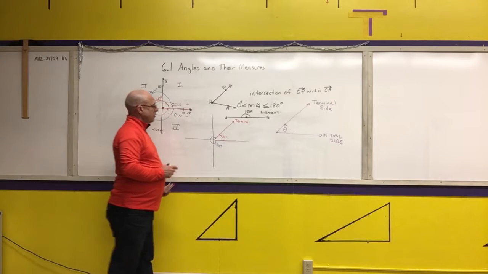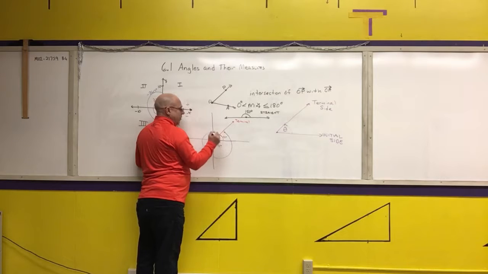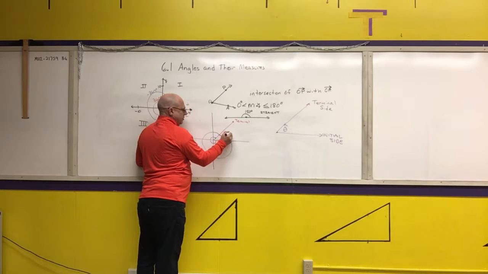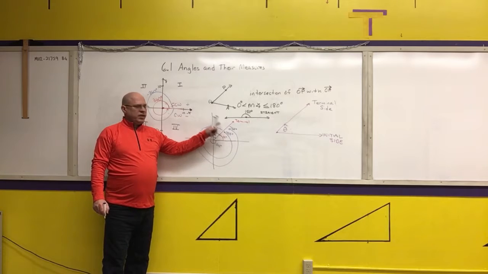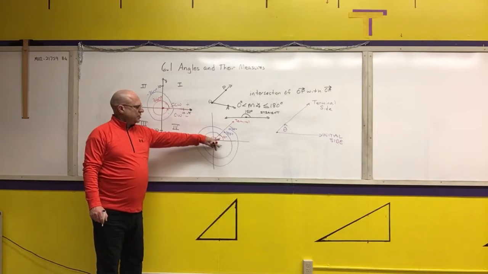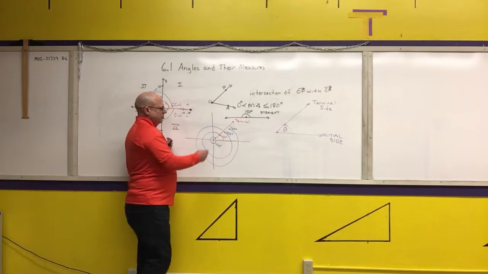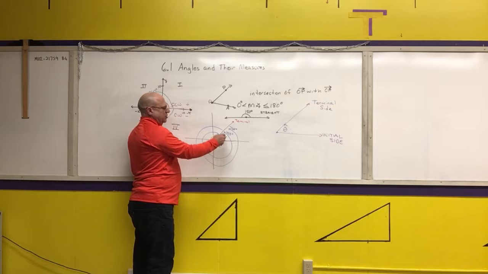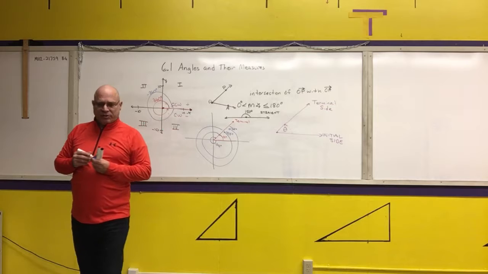Or I can rotate all the way around again and come back up here, and that would be 405 degrees. Or I can continue rotating around again, and that would be 765 degrees. So again, there's an infinite number of what they're calling coterminal angles, angles that are in standard position that have the same terminal side. And the way that you get coterminal angles is you just either add or subtract multiples of 360 from your original angle. You want to add or subtract an entire circle.